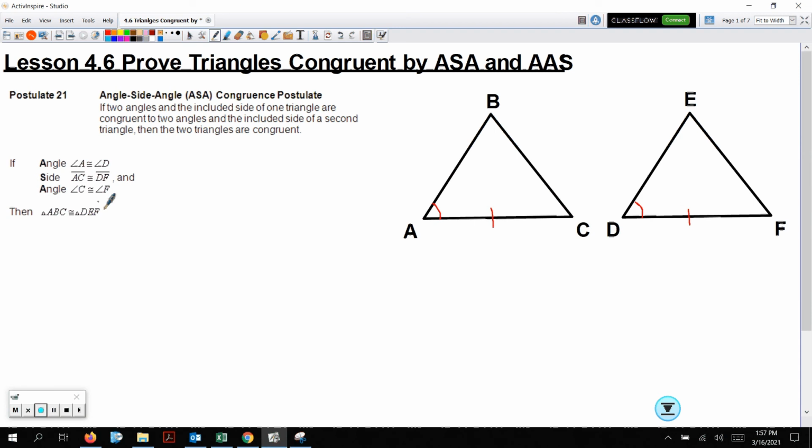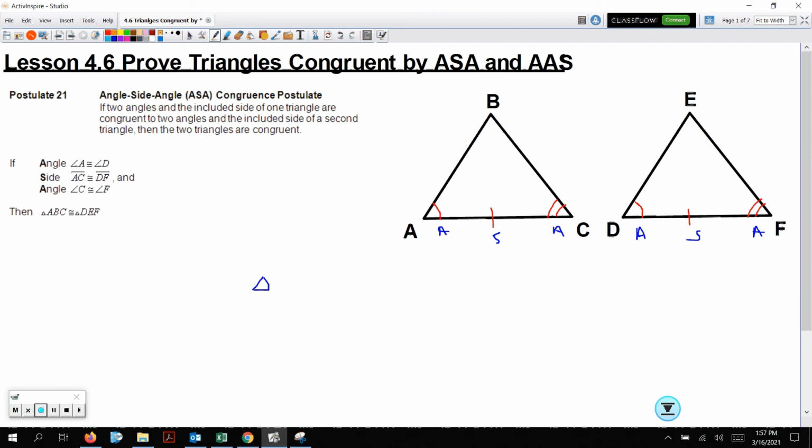And angle C is congruent to angle F. Notice I have an angle, I have a side, I have an angle. It even works if I go the other way. I have an angle, I have a side, I have an angle. Okay, so the side must be between the two congruent angles.